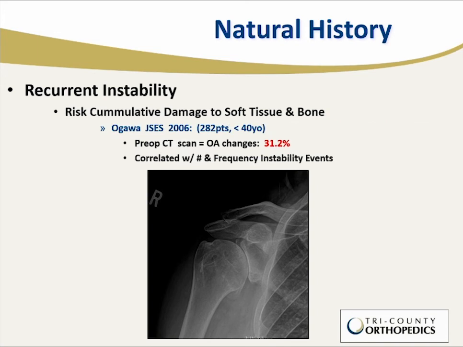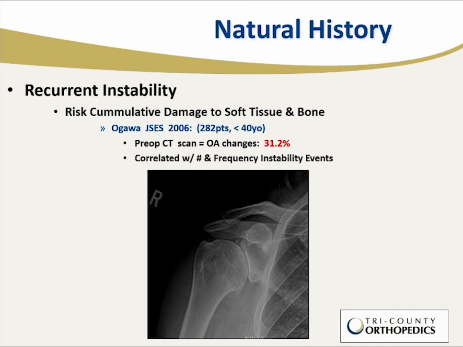At least that's inferred. If you look at more recent studies, this was in 2006, 282 patients under 40. They got pre-op CT scans to quantify the degree of arthritis in first-time dislocators, with no previous surgery and no interventions before they were going to surgery.